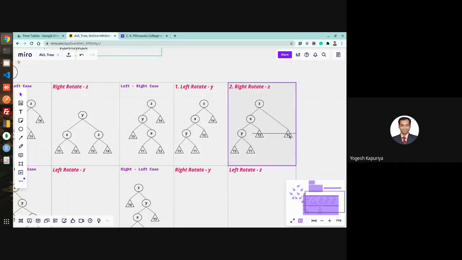So Z is rotated, so obviously it comes here. X takes its position. So that means Z will become the child of X and T2 will become the left child of Z.